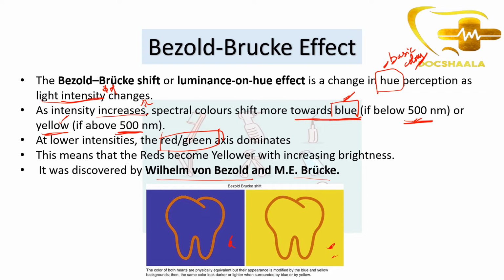So when the light intensity or the background color changes, the color of the object we are seeing may also change. This is known as the Bezold-Brucke effect.